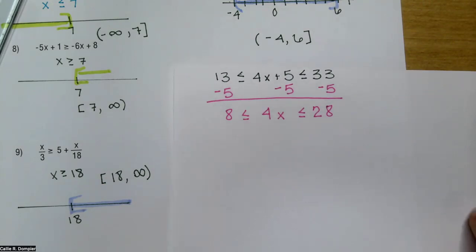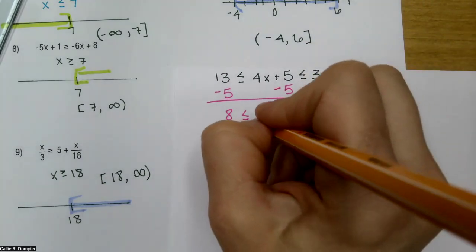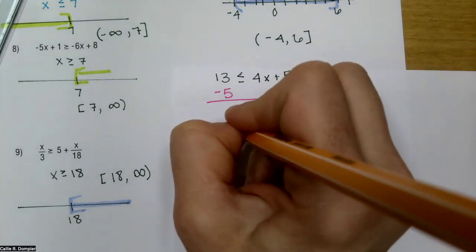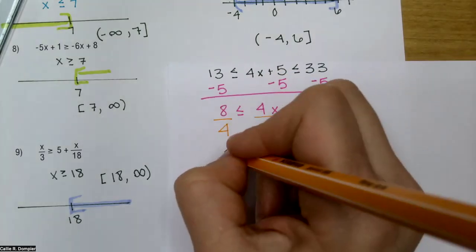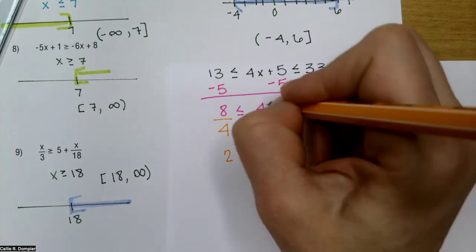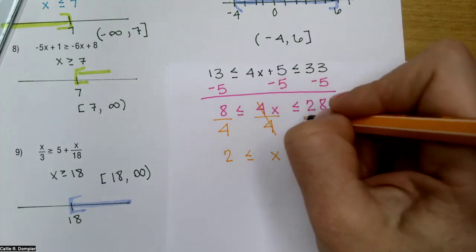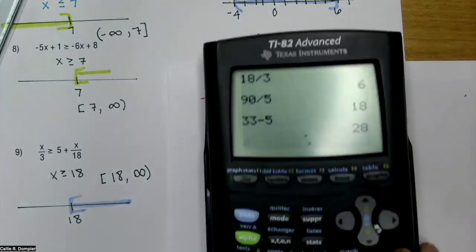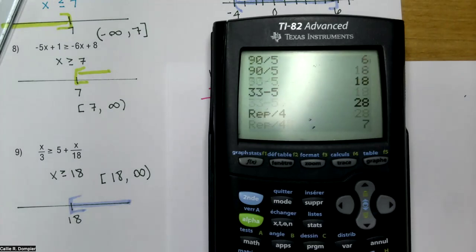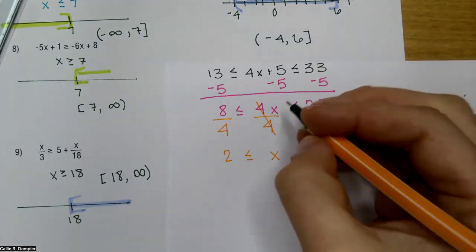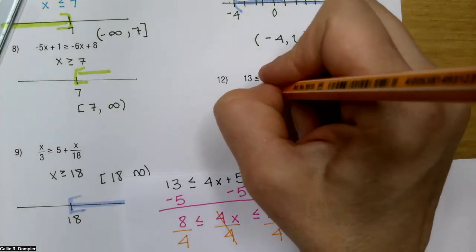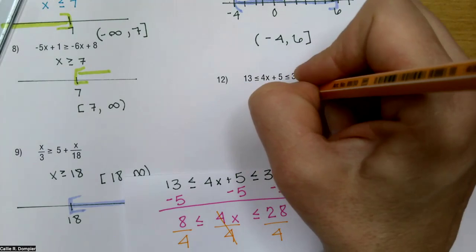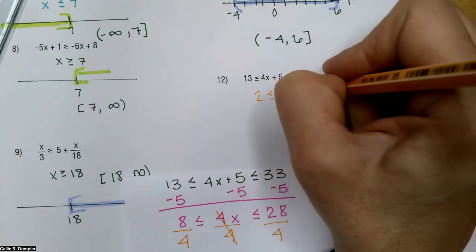Good. Now, x is being multiplied by 4. We're going to divide it by 4, divide it by 4, divide it by 4. 8 divided by 4 is 2. That just leaves us with x. And then 28 divided by 4 is 7. So our answer is 2 is less than or equal to x, which is less than or equal to 7.